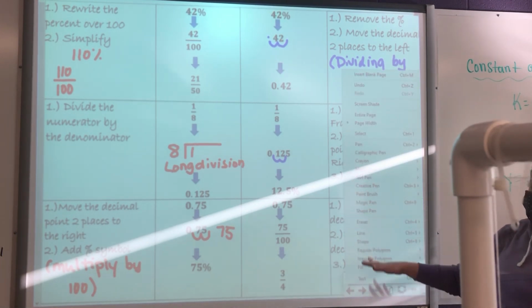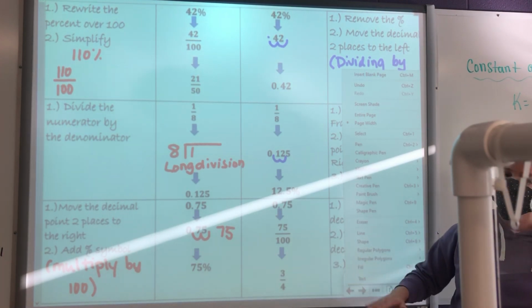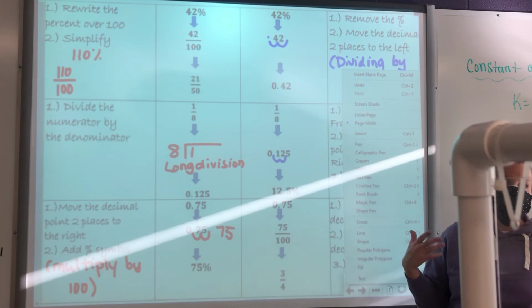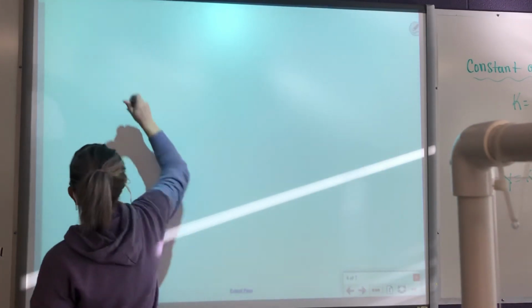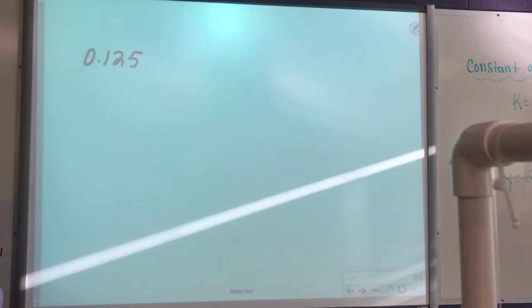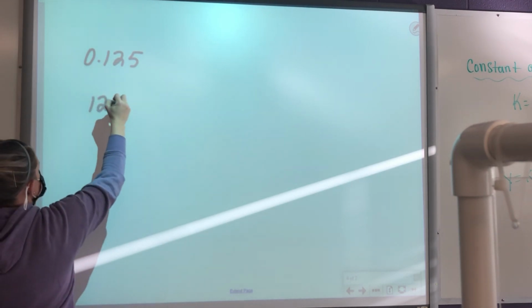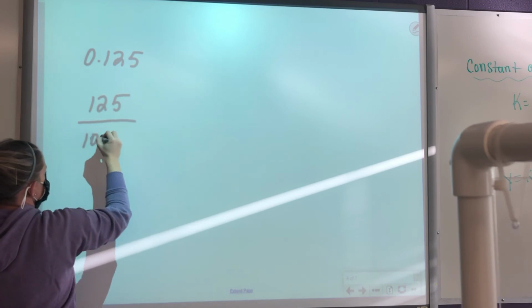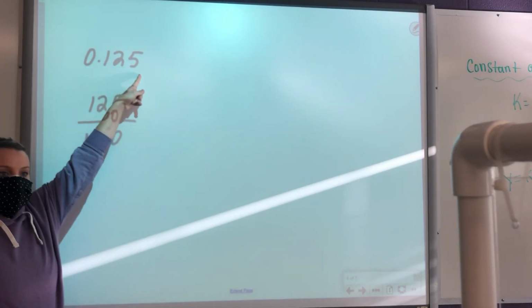This is just very vague in general, right? This is not the end all be all. We got to think about how many decimal places we actually have. So, if we had this, we have 3 decimal places, so 125 actually goes over 1,000 because it's tenths, hundredths, thousandths.